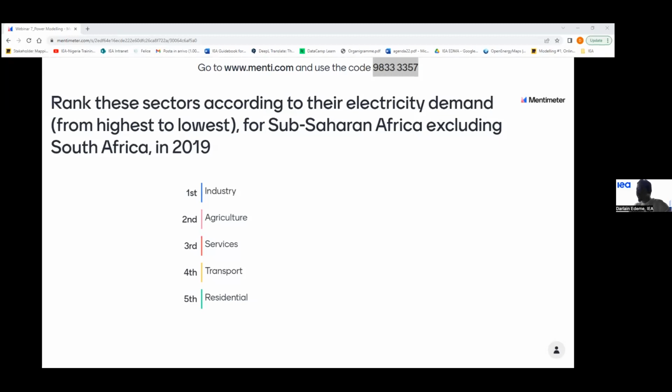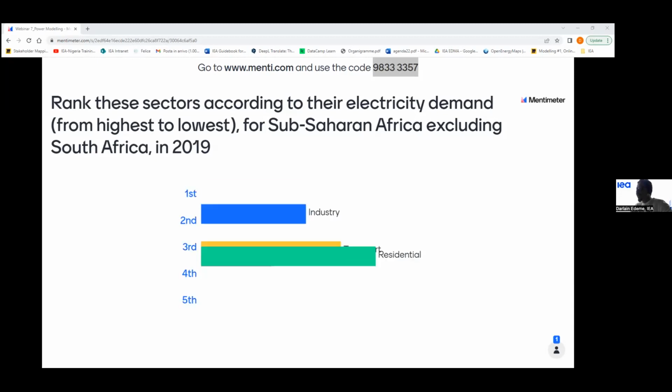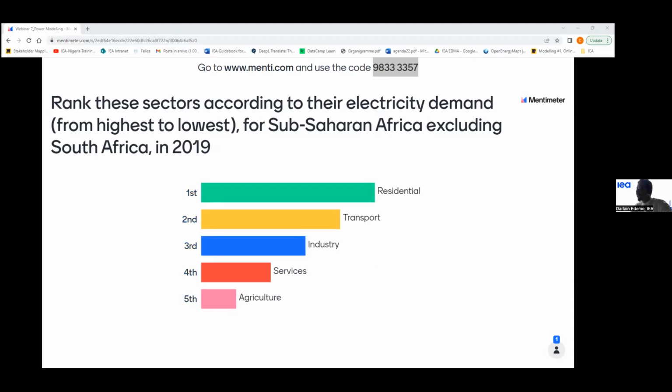That's why when we do modeling, we tend to exclude South Africa when aggregating the data for the entire region. So in this case, you are asked to focus on Sub-Saharan Africa and to rank all these sectors according to what you think is their electricity demand, from highest to lowest.